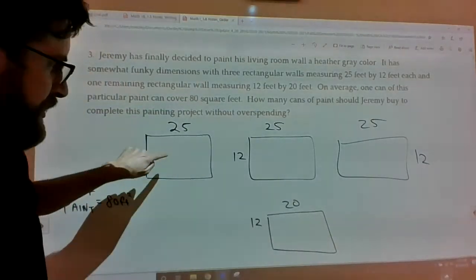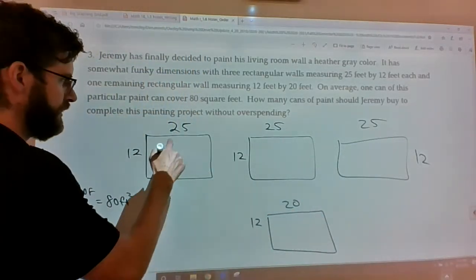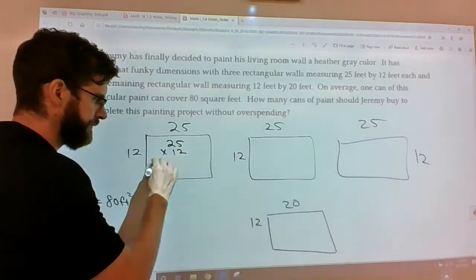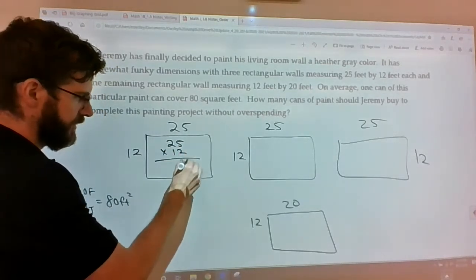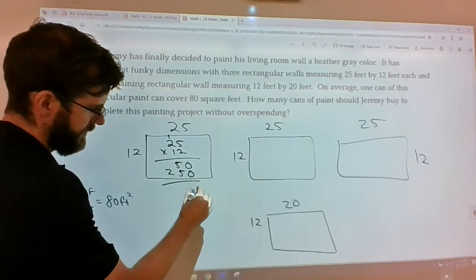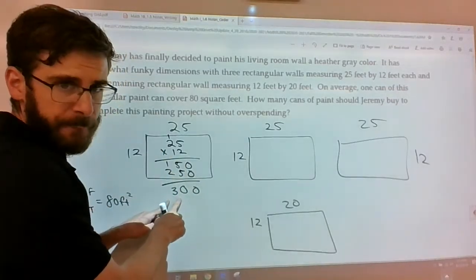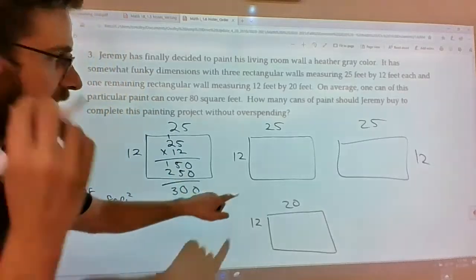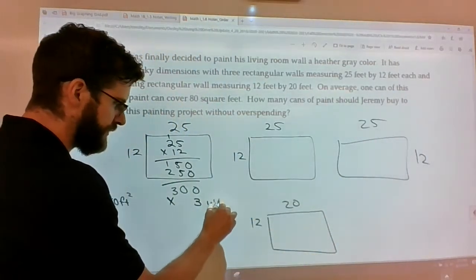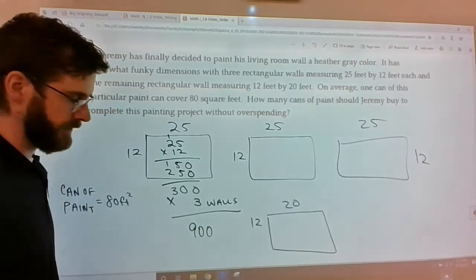So here's what I'm going to do. I'm going to find the area of this first wall and then just multiply it by 3. So length times width, 25 times 12. That gives me 300 square feet for that first one, times 3 walls is 900 square feet.